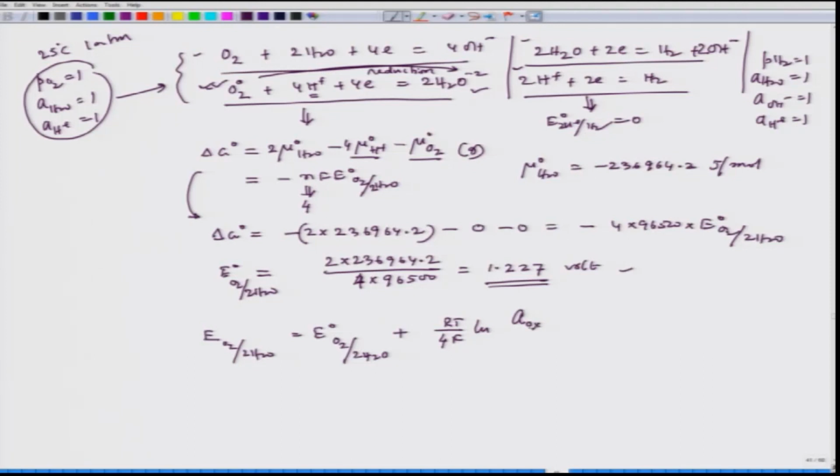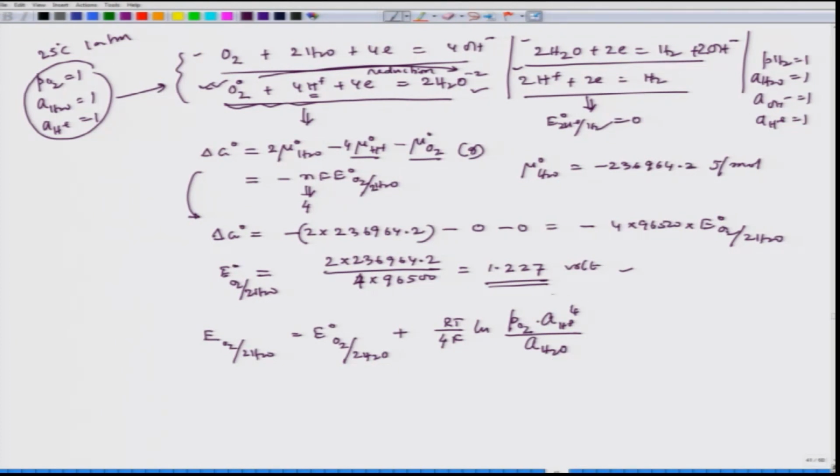Now, here ox is the entire top part, so this entire thing becomes my ox. So this is O2, or activity of O2 I can write in terms of pressure, and activity of H plus to the power 4, and activity of H2O, which is the reductant.